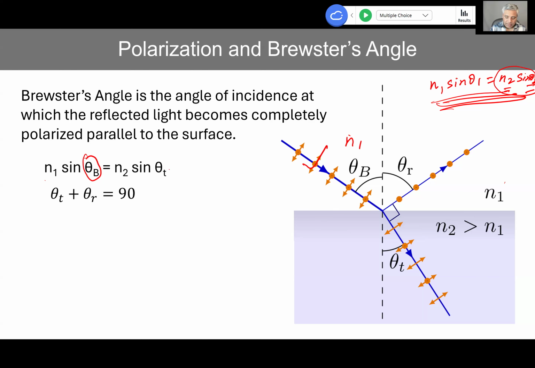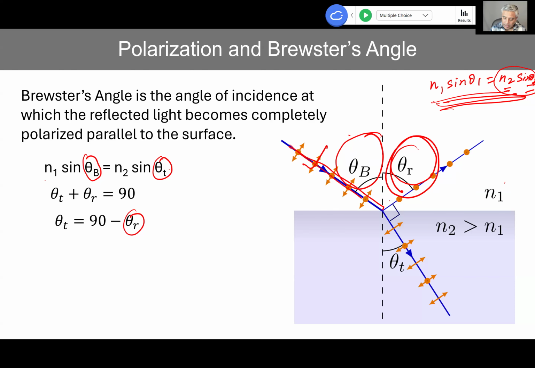To figure that out, we use the knowledge that theta t and theta r sum to 90 degrees, so we can replace theta t by 90 minus theta r. And we know theta r, the angle of reflection, and the angle of incidence are equal, as we learned when we talked about reflection.